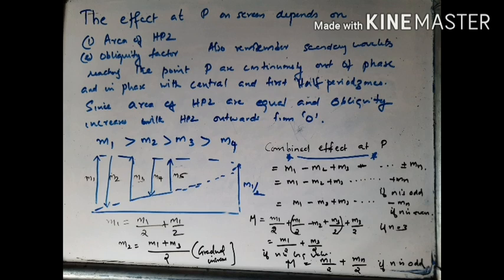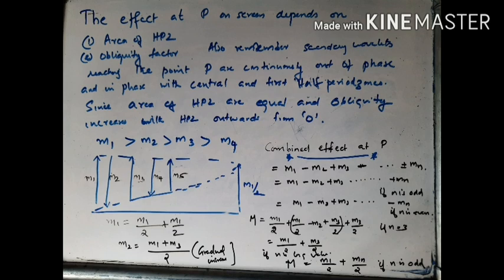Then M can be taken as, we split M1 as M1 by 2 plus M1 by 2, and since the values of M1, M2, M3, etc. are gradually decreasing, we can write M2 as the average of the first and third half period zones, or M2 is equal to M1 plus M3 divided by 2.